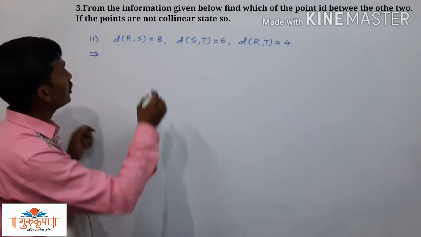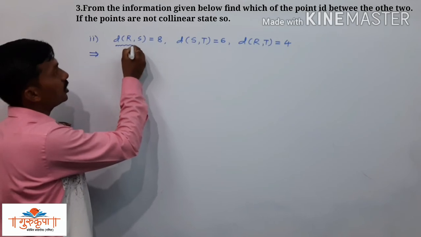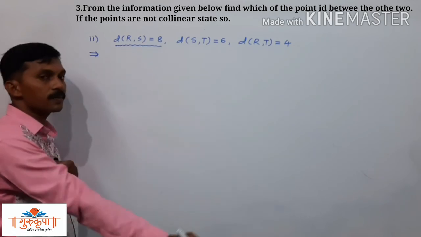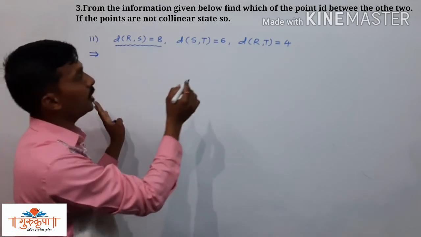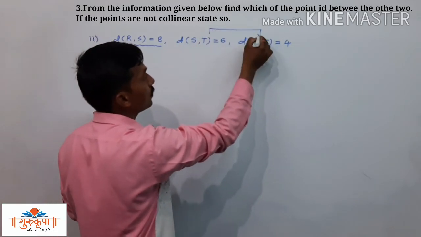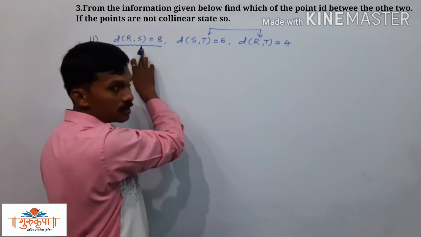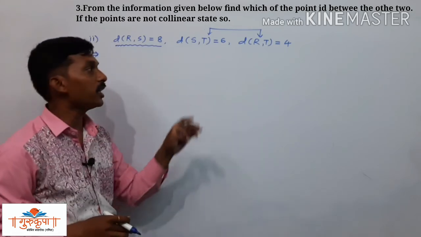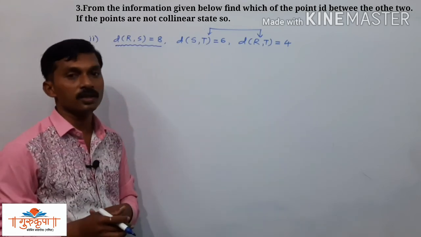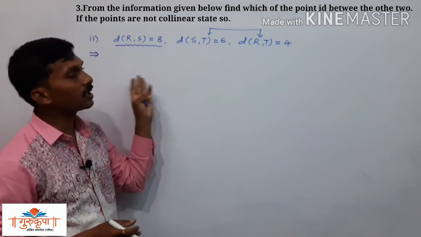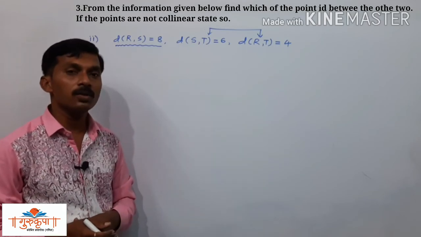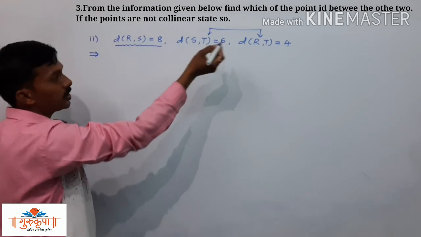So here the biggest distance is distance RS, which is given as 8 units. We put it aside and take the sum of these 2. If the sum of these 2 is equal to this, then we can say that the 3 points are collinear, and if not so, then the points are non-collinear. So we will take the sum of ST and RT.